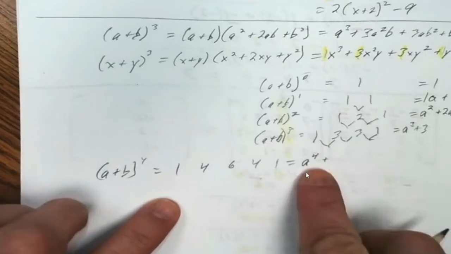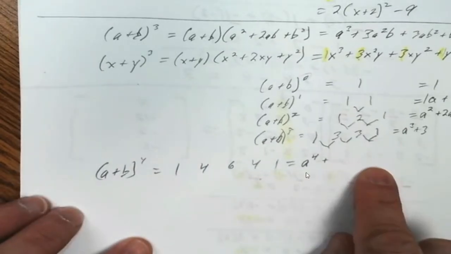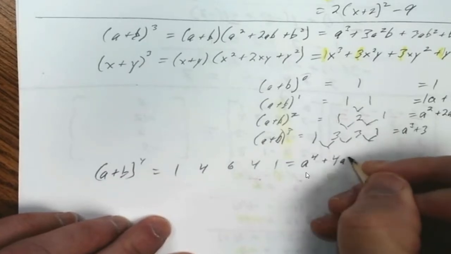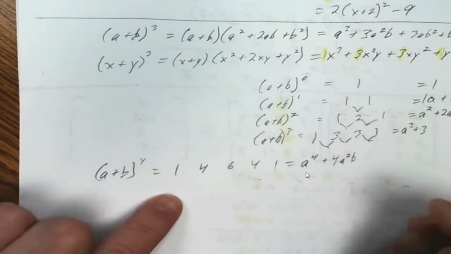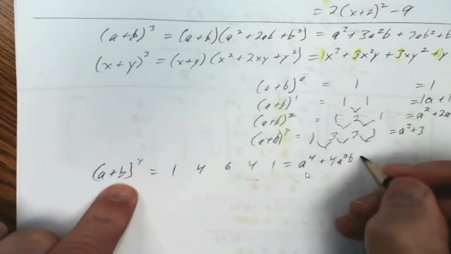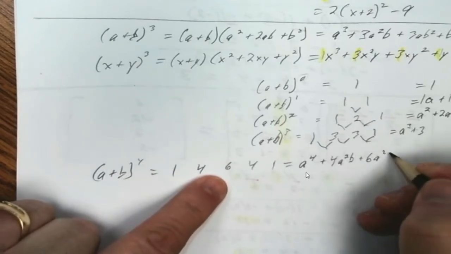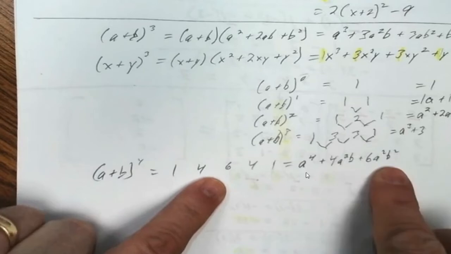Now the next one, we go a to the third, and a to the second, and a all the way down. And it would be 4a to the third, and now we've got to add the b. And then we have 6a squared b squared. The b is getting bigger and the a is getting smaller.